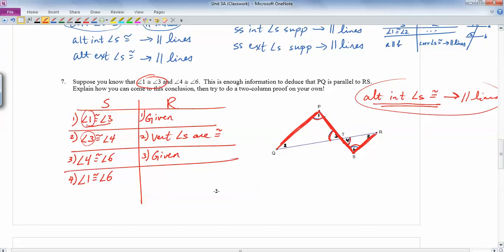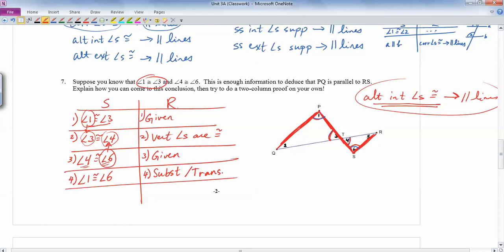So I'm going to plug in this 1 where that 3 is. Anywhere that a 4 appears, I can replace it with a 6. So I'm going to replace that 4 with a 6. And then I end up with 1 is congruent to 6, which is this line. That's really substitution. Or transitive.